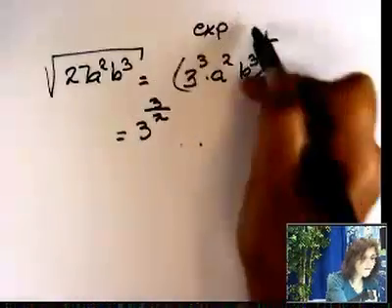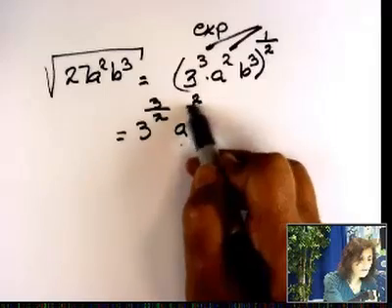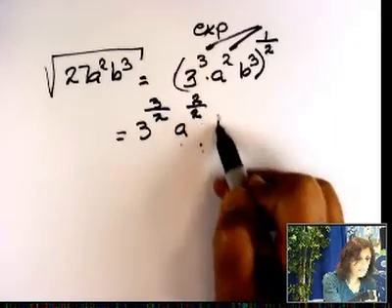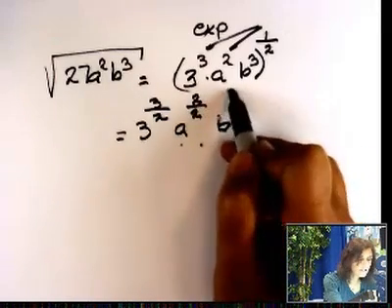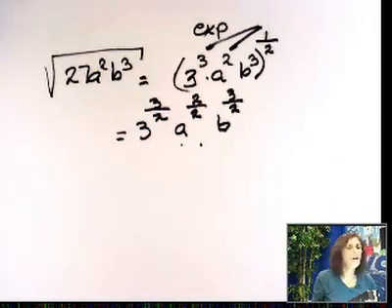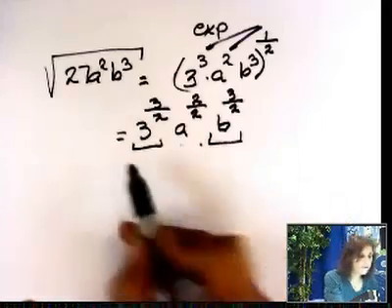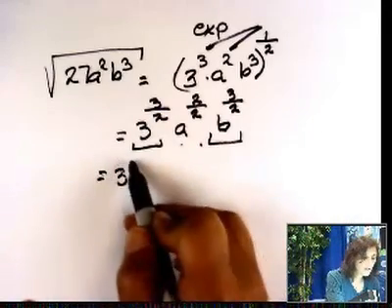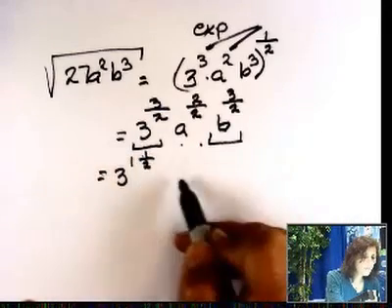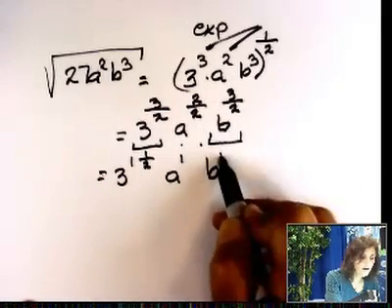Work that square root into each one: a to the 2/2 and b to the 3/2. Does it make sense? Okay? Now, change the improper ones into mixed numbers. 3 to the 1 and 1/2. A to the 2/2, that's 1. B to the 1 and 1/2.